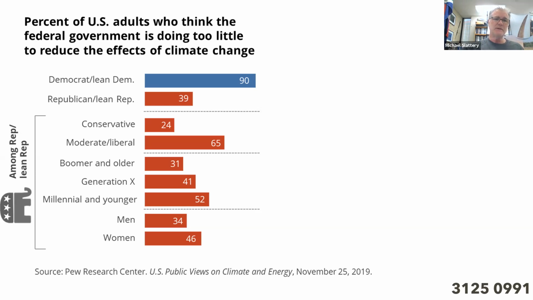So this question: the percent of US adults who think the federal government is doing too little to reduce the effects of climate change. Apparently 90% of respondents who identified as Democrat or leaning Democrat said the government's doing too little.